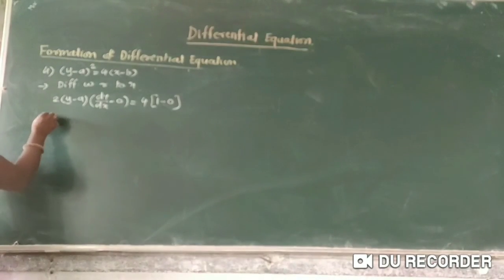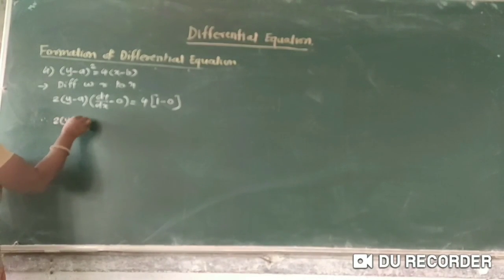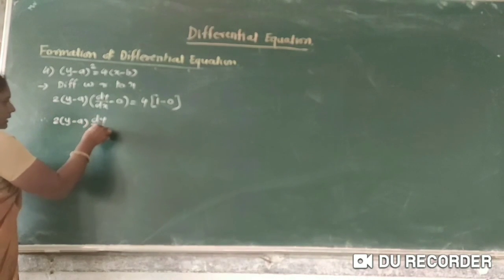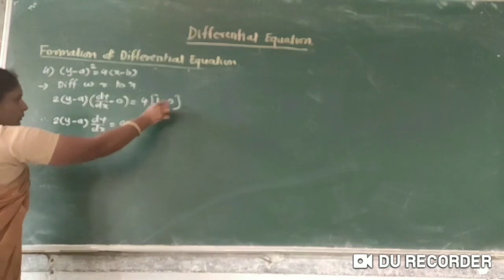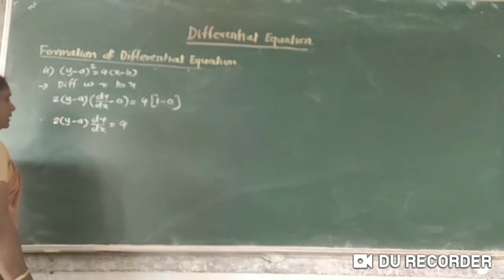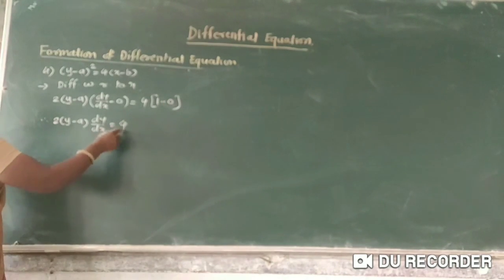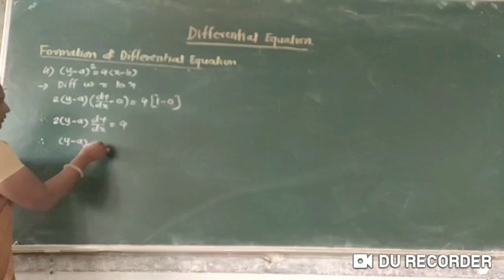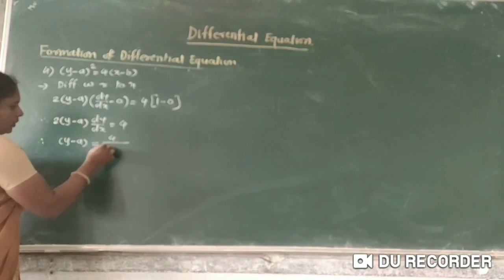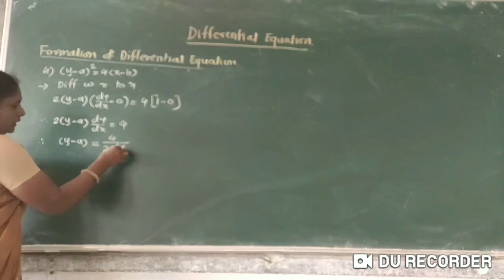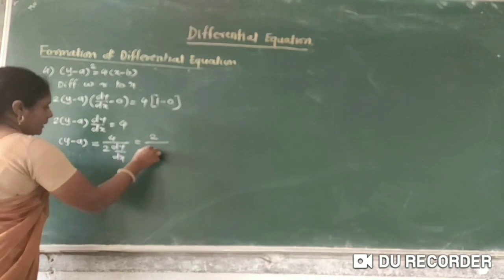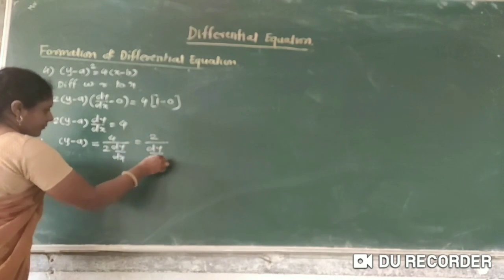Therefore, we get 2 into (y minus a) into dy by dx is equal to 1 minus 0 is 1, 1 into 4 is 4. Again divide by 2, we get y minus a is equal to 4 upon 2 into dy by dx, that is equal to 2 upon dy by dx.